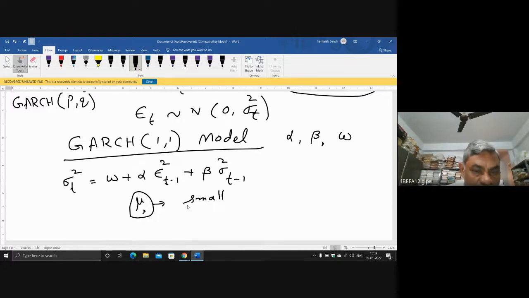Normally, mu is expected to be small, and the positivity constraints apply: omega should be positive, alpha should be positive, and beta also should be positive.